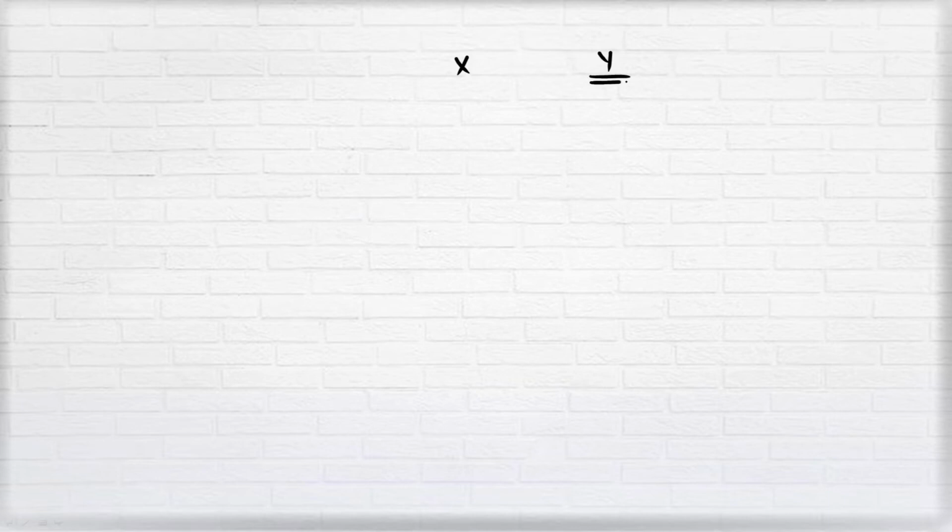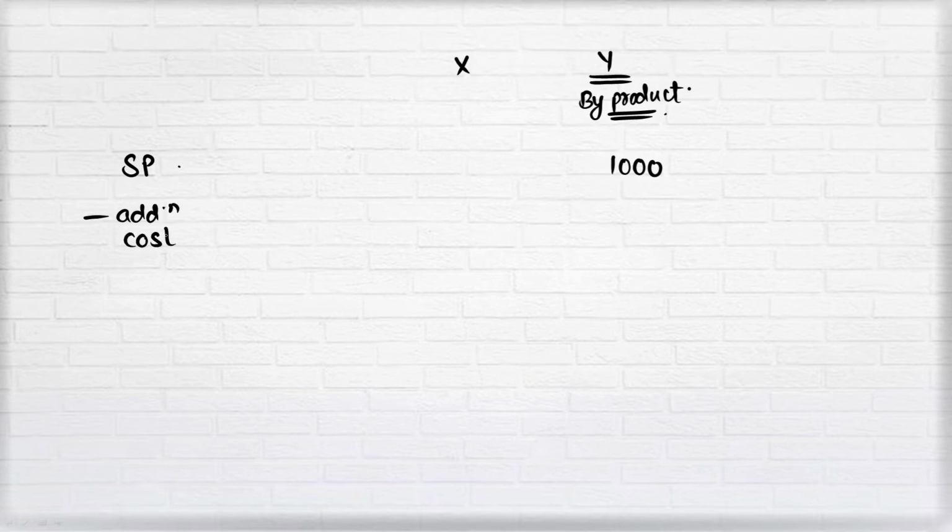Suppose X and Y, where Y is a byproduct. And please understand, Y is also further manufactured. So, what is the selling price of Y? It is 1000 rupees. There is some additional cost in Y only, which is 200 rupees, some selling expenditure, 100 rupees, some further process.